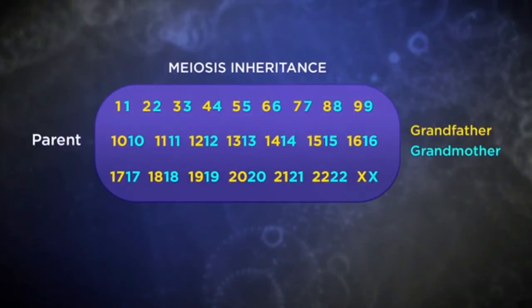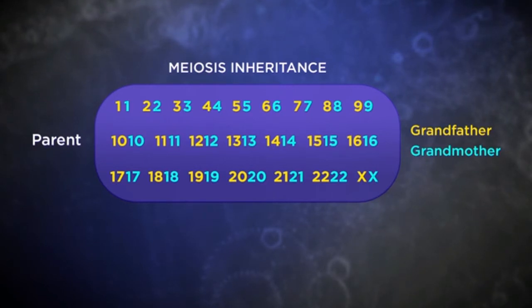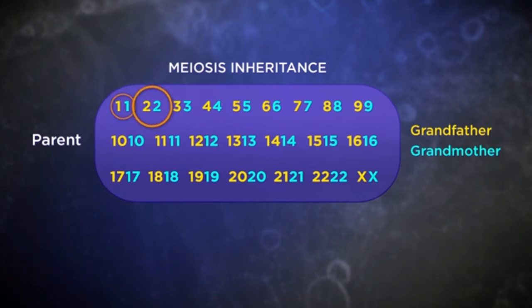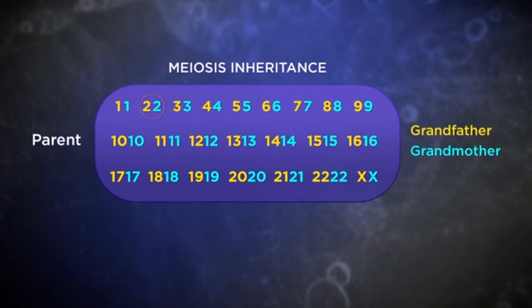There are two features of meiosis that ensure that no two kids who aren't identical twins will have the same DNA. First, remember that mom has 23 chromosomes each from grandpa and grandma, so she has two each of chromosome 1, two of chromosome 2, and so on.